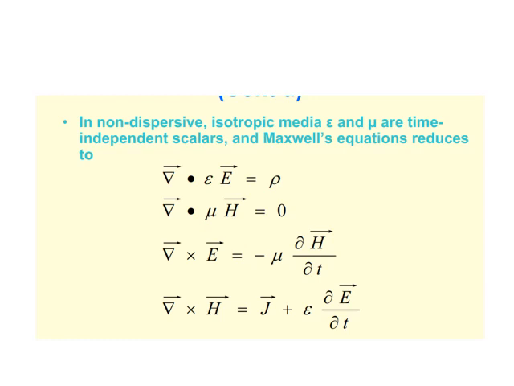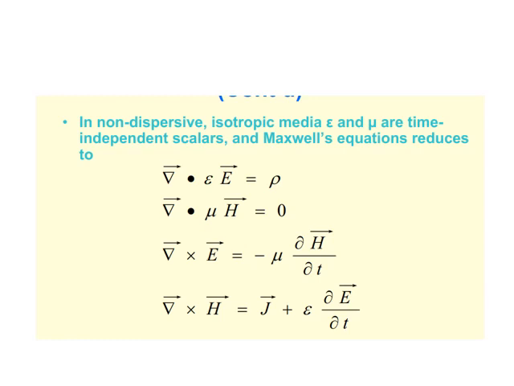Another two equations: del cross E is equal to minus mu dou H by dou t. That is already given as minus dou B by dou t in the previous slide. B has been exchanged by mu into H. So mu is taken out since it's a constant, and H alone is subjected to differentiation.